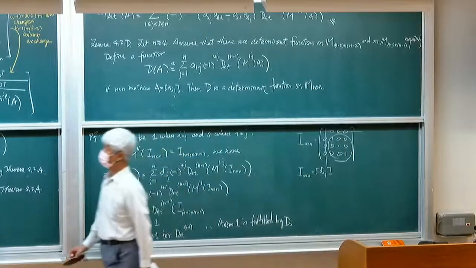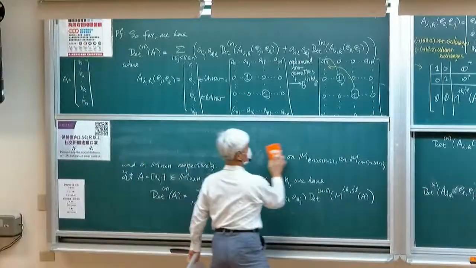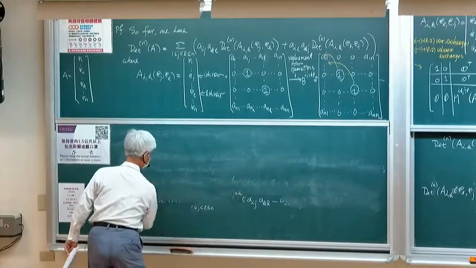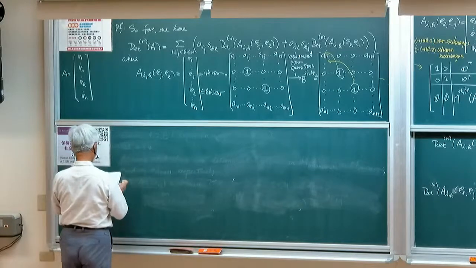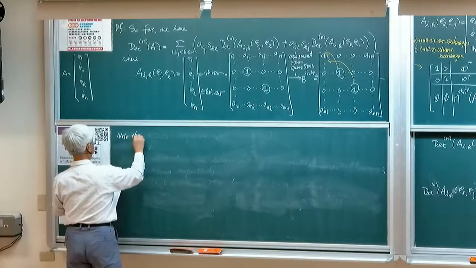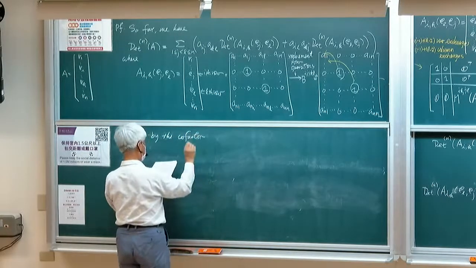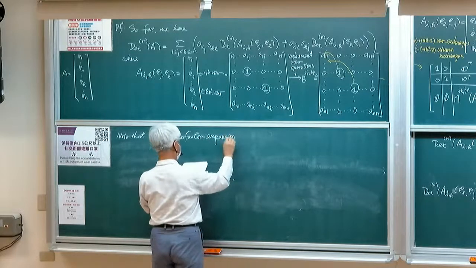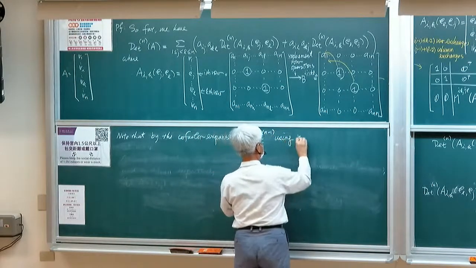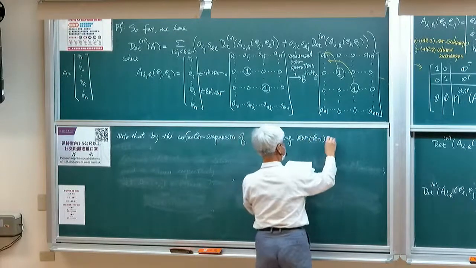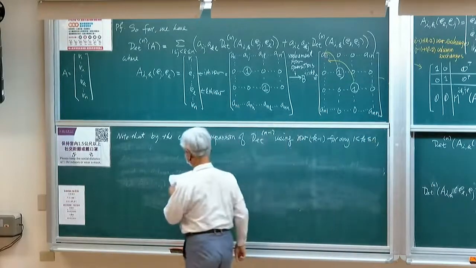Okay, now we will come to a difficult part. Note that, by the cofactor expansion of D sub n minus 1 using row k minus 1, for any k, let's think.